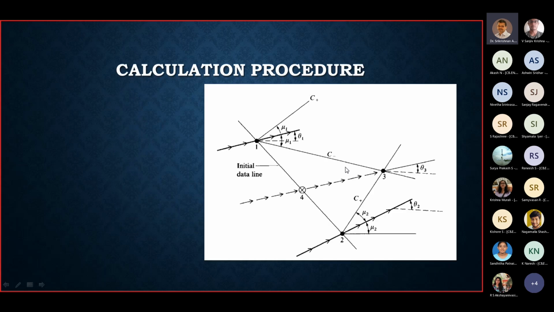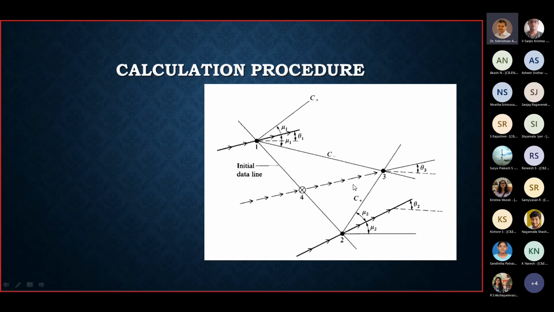The marching procedure is similar to what we have just discussed. Only, as I mentioned, since you have to also consider the solution for the streamlines, the marching process will be more computationally intensive. But the approach is similar.